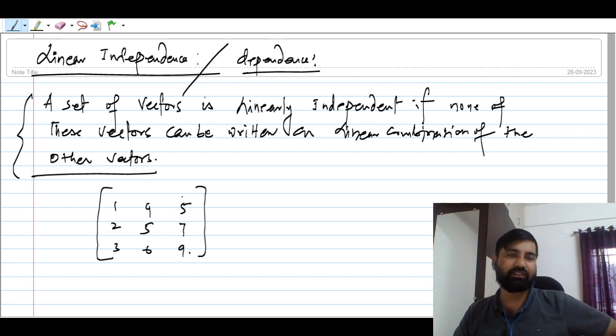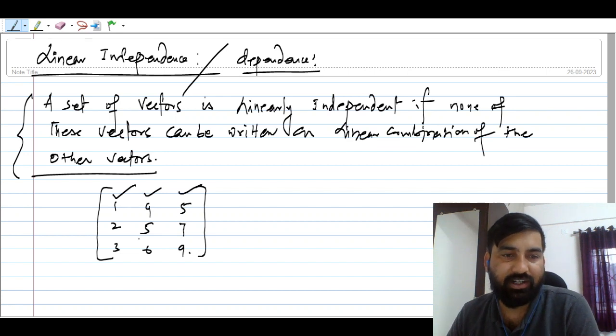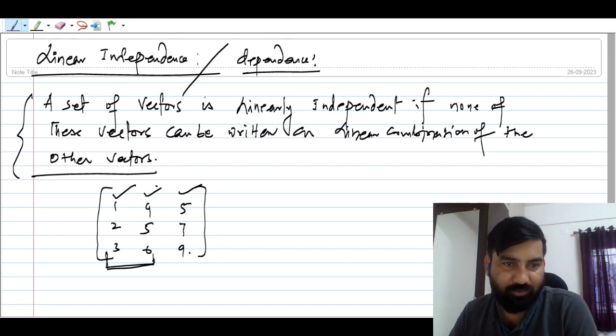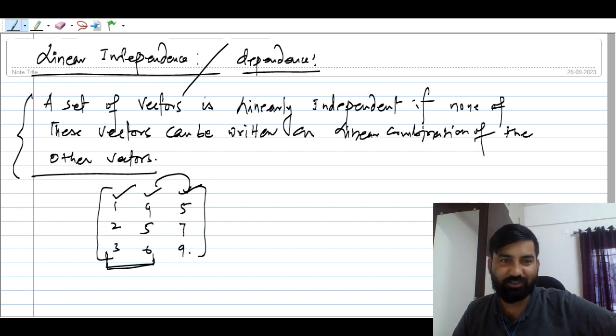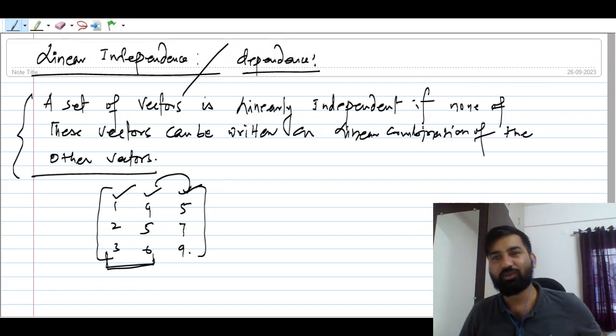If you look at this, this is one vector, this is the second vector, this is the third vector, right? If you combine these two vectors, you can get this third vector, right? तो जो तीसरा वेक्टर है that you can get directly, by taking the linear combination of first and second, right? So this is not the LI vector. I hope this makes sense to all, right?